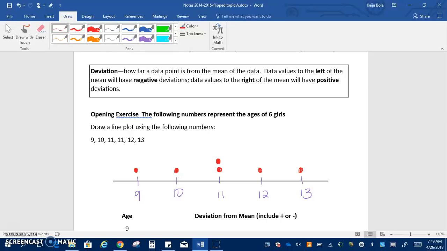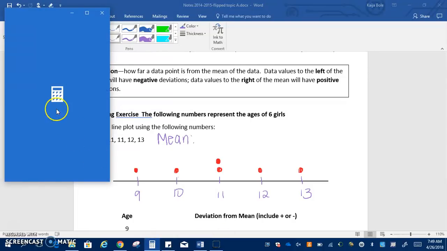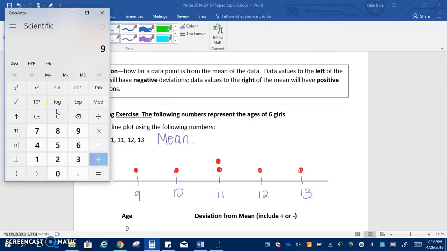So, in order to find the deviation from the mean, we first have to calculate the mean. So again, to calculate the mean, we would go ahead and add all these numbers up. So we're going to add up 9 plus 10 plus 11 plus 11 plus 12 plus 13, and that gets us 66.